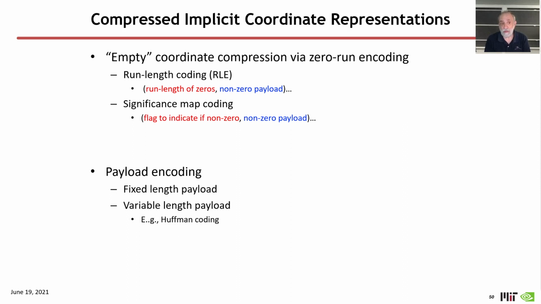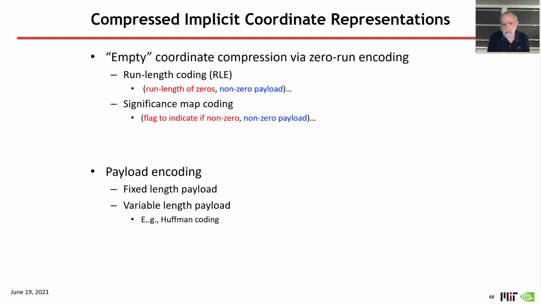Or you might use something referred to as significance map coding. Here you also have a tuple, where each element has a flag to indicate if the element is zero or non-zero, and you only have a value if there's a non-zero coordinate.